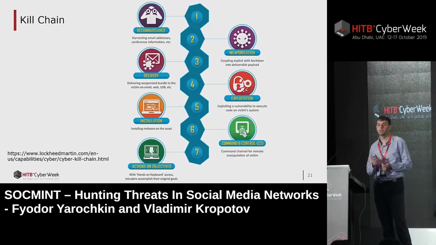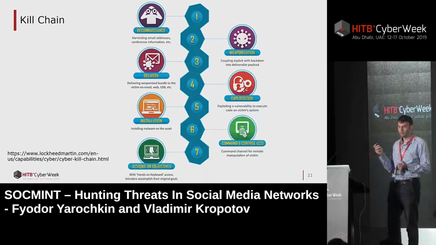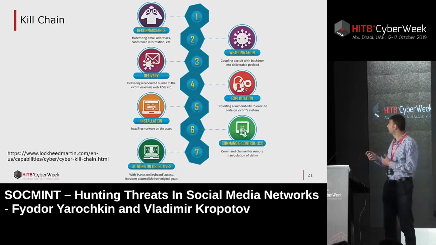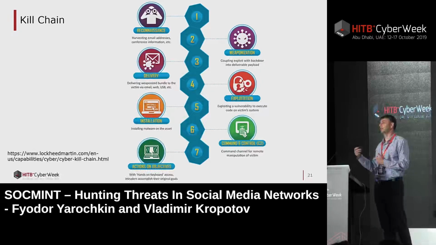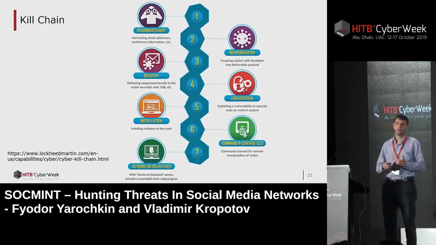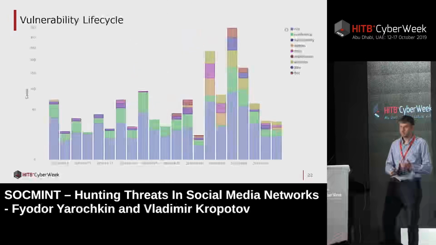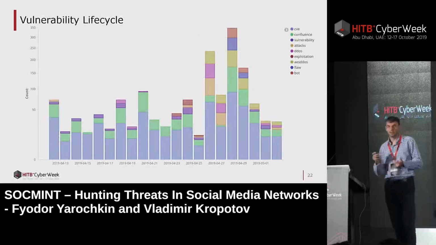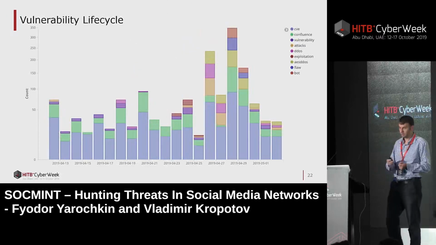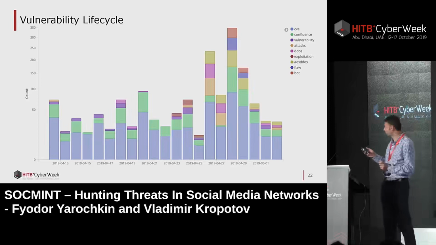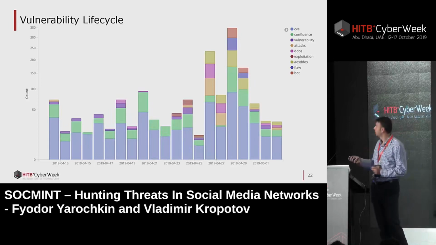I think everybody is aware of the kill chain, the different stages of attack which attackers go through to reach their goal. We mapped almost the same thing for the same vulnerability. We drew the keywords over time which were mostly discussed in the context of this vulnerability.